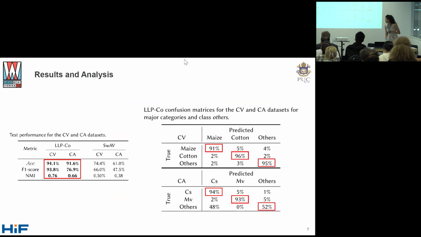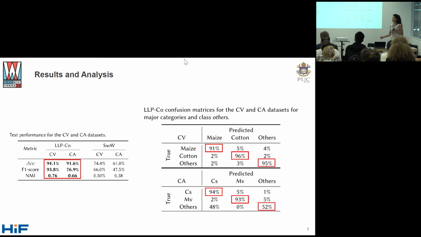In our results, we can see the performance looking at the overall accuracy and the F1 score, and also the clustering metric. We can observe how the approach reports very high accuracy, about 91% for both datasets.